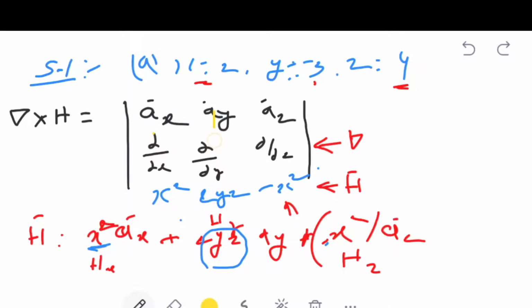After that we have to consider this column and this row, and do cross multiplication of this and this, that is minus ay into dou by dou x of minus x square minus dou by dou z of x square, plus. After that we consider this column and this row struck out, and multiply this. Okay, that is the method of resolving the determinant.